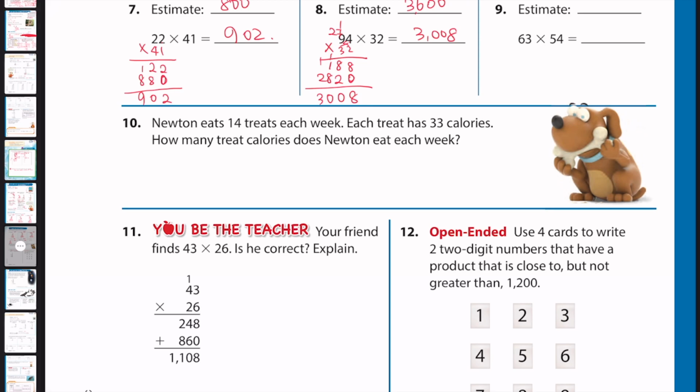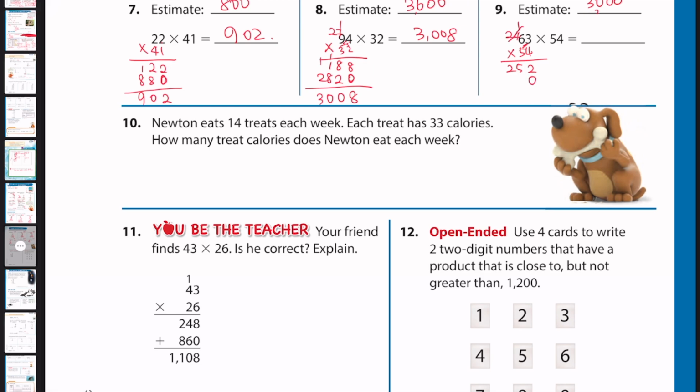Number 9, 60 times 50. So my estimate is 3,000. And let's see, 54. 4 times 3 is 12. Carry 1 up. 24 plus 1, 25. And now let's move on to tens place. You need to add 0 automatically.